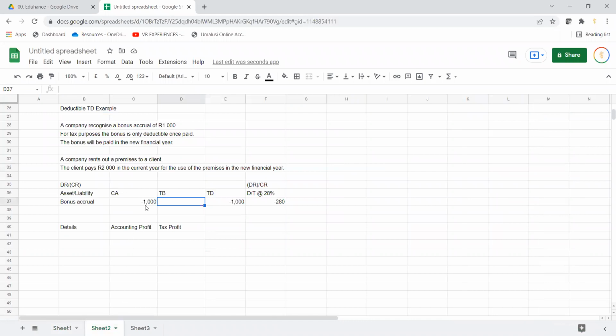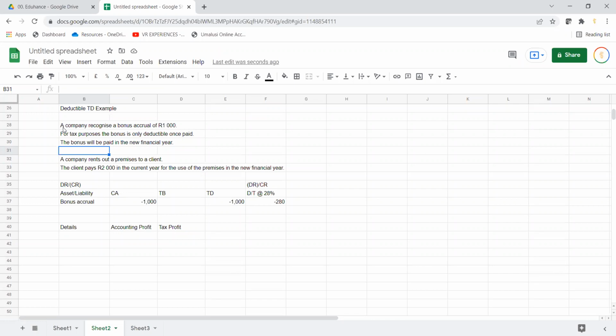Now remember, the carrying amount is 1,000 Rand. We need to ask ourselves, what will be deductible for tax purposes in future? Here you can see a company recognized a bonus of 1,000 Rand. For tax purposes, the bonus is only deductible once paid. The company is only going to pay the bonus next year, so SARS is only going to grant the deduction next year.